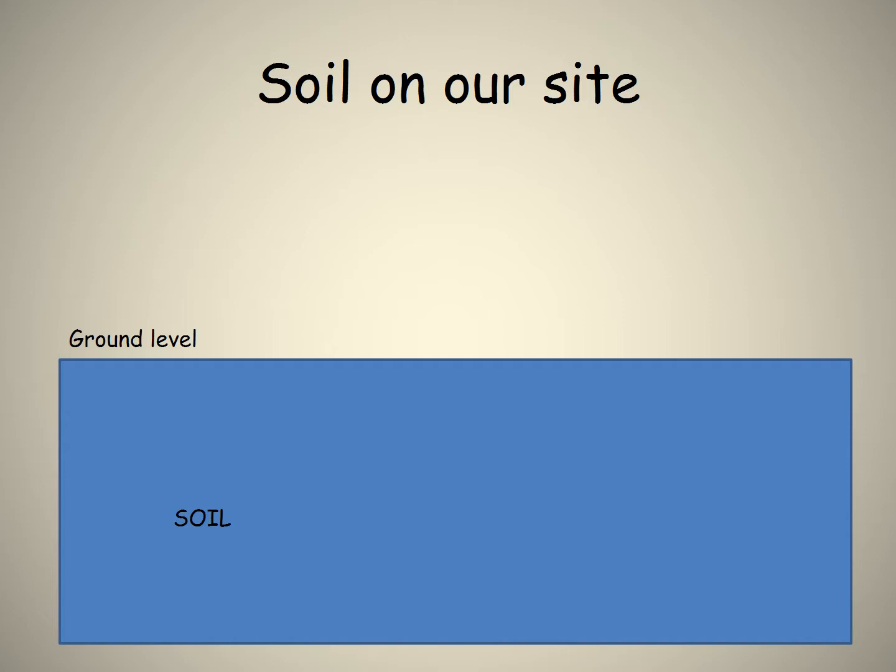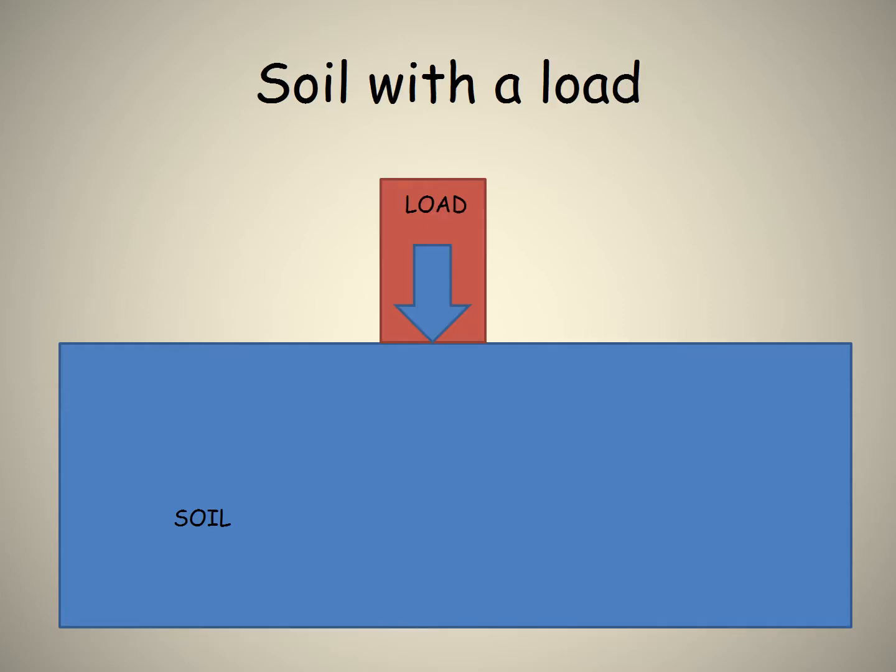So let's look at a graphic illustration of what we just talked about. We have the ground level and the soil under the ground. Now we're going to put a load on it. The blue arrow illustrates the load, and the red is the building column.